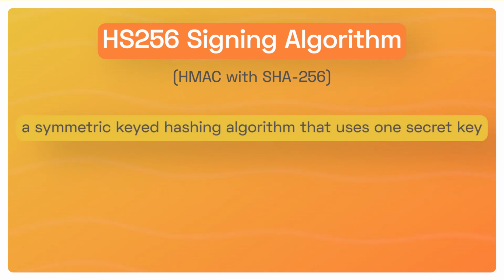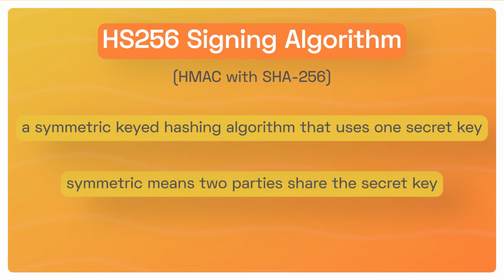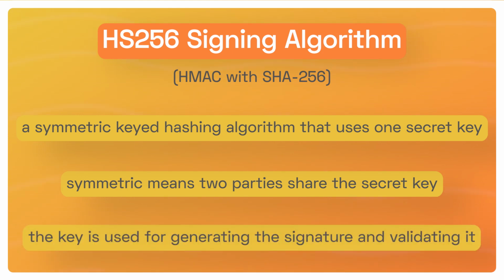It's a symmetric keyed hashing algorithm that uses one secret key. Symmetric means two parties share the secret key. The key is used for both generating the signature and validating the signature. Be mindful when using a shared key. It can open up potential vulnerabilities if the verifiers, which can be applications, are not appropriately secured.